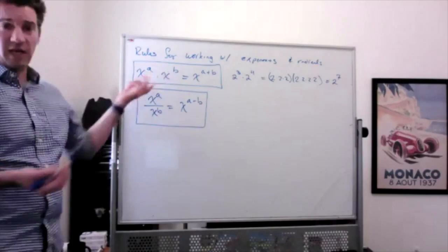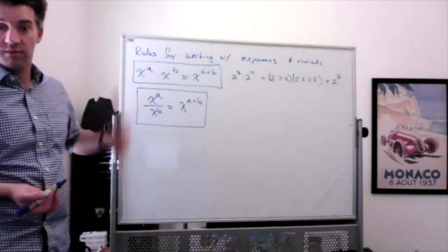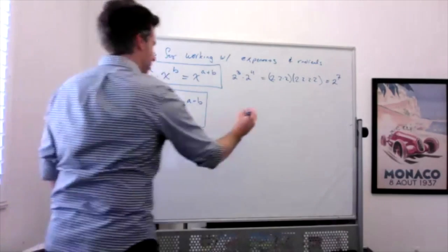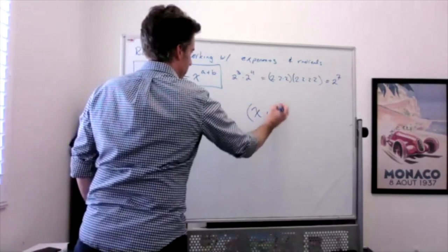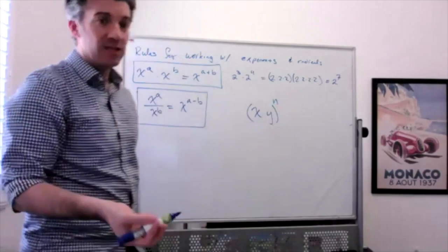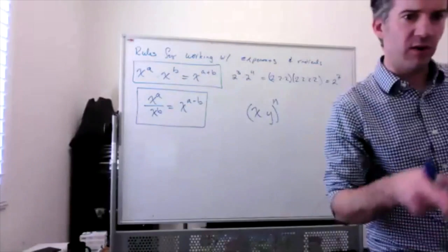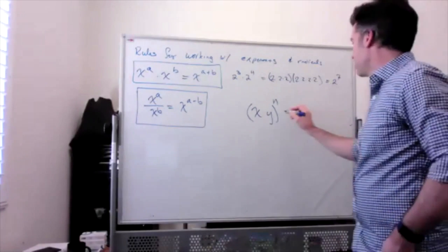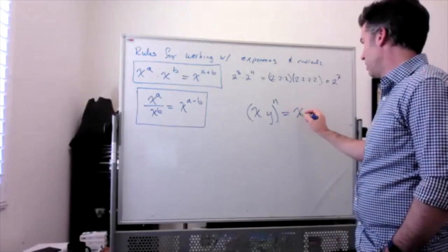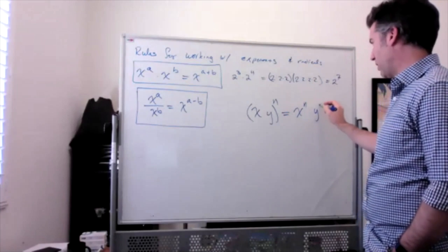It's very much the same rule as this, just a different version of it. If I have x times y to some power, I can distribute that power across multiplication. Did you have a question, Aaron? Okay, sorry, I thought I saw your hand go up. So that's going to equal x to the n times y to the n.